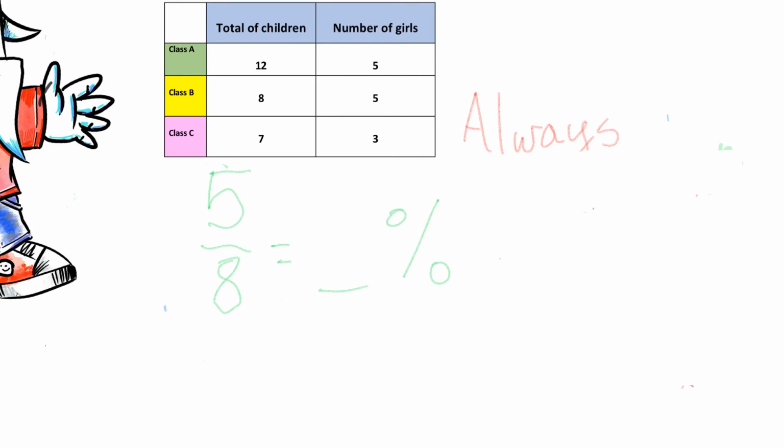So first I need to drop the fraction, then I need to multiply that fraction by 100, which is 500.